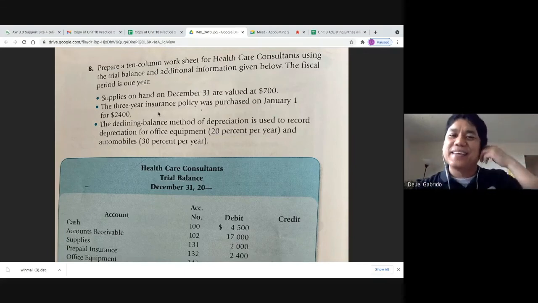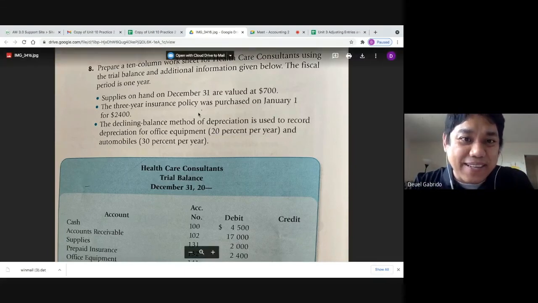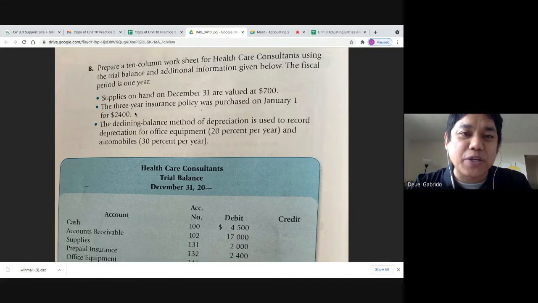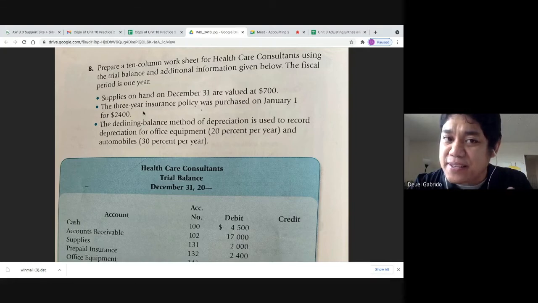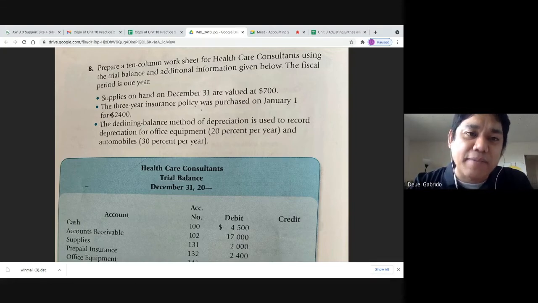So for the first year, how much of the insurance can we consume? It says it's a 3-year advance payment of 2,400. So each year it should be 800. How did you get that? 2,400 divided by 3 years.